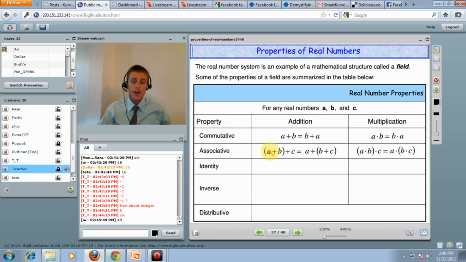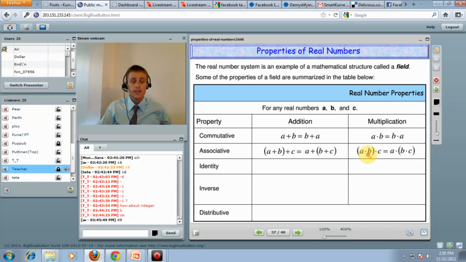Associative. A plus B in the parentheses plus C equals A plus B plus C in parentheses. Changing the grouping does not change the answer. It is the same for multiplication.